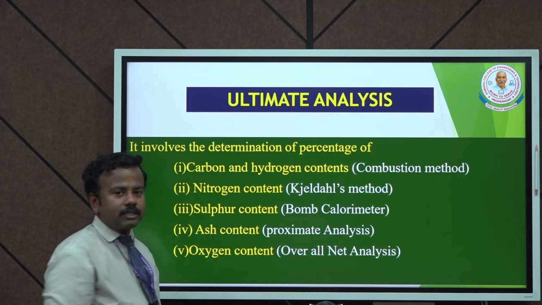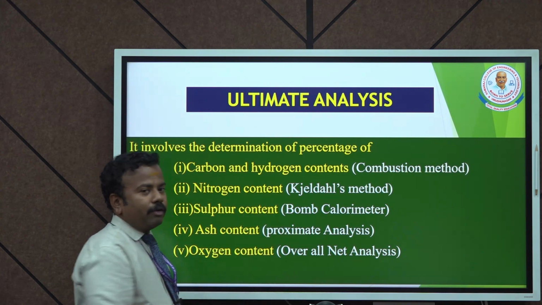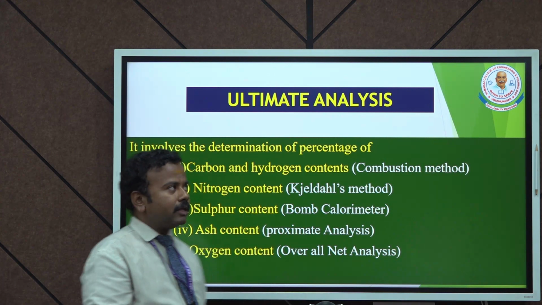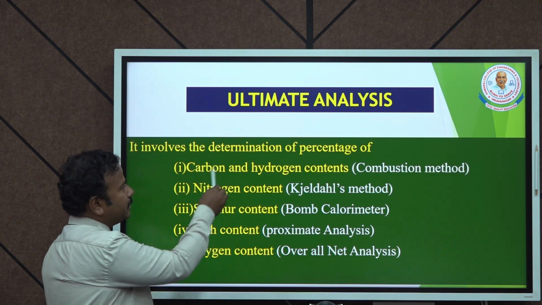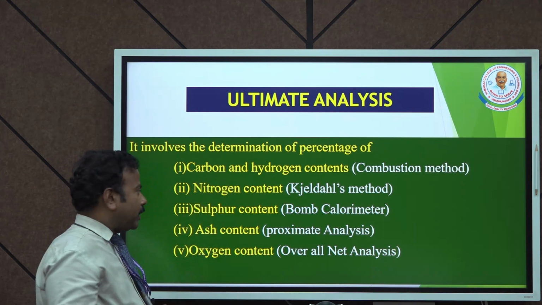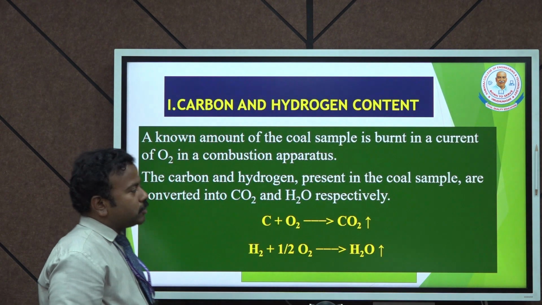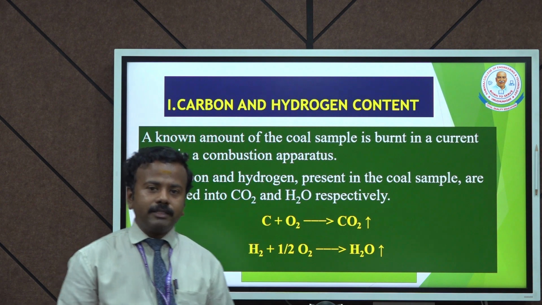The next one is oxygen content, so overall we have to find out the net analysis. These are the pathways for determining the percentage of carbon, hydrogen, nitrogen, sulfur, ash content and oxygen content. First is carbon and hydrogen content.